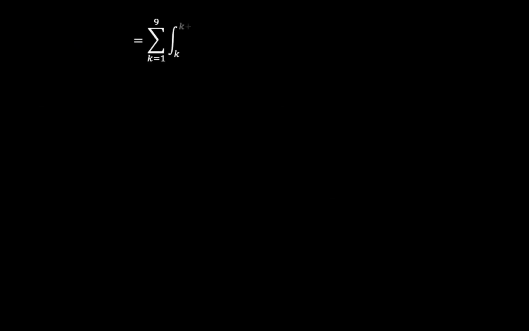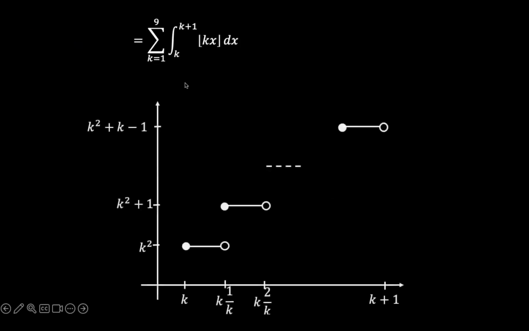So let's try to see what this integral looks like. We do have interval k to k plus 1. At k, we have the value being k times k, which is k squared, right?